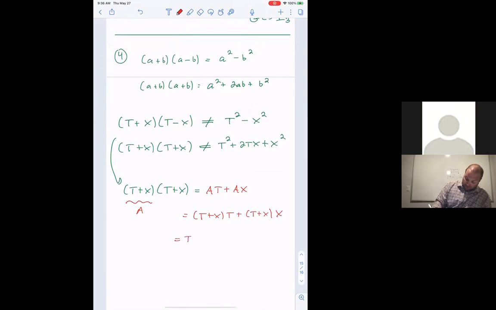I get tt, or t squared, plus xt plus tx plus x squared. And here's the key. xt and tx are not necessarily equal. So we do not get 2tx, because xt and tx are not necessarily the same.